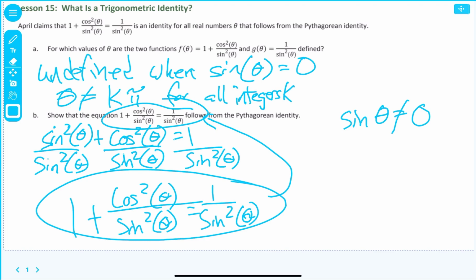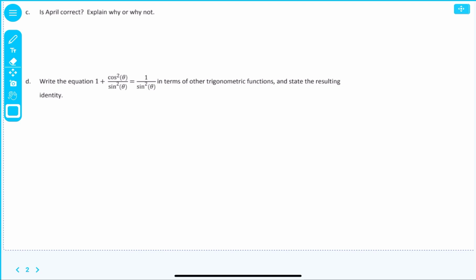She said it was for all real numbers. Is 0 a real number? So she is incorrect. Is April correct? No. Sine cannot be 0. Very good. Which means sine can't be pi, 2 pi, anything like that.